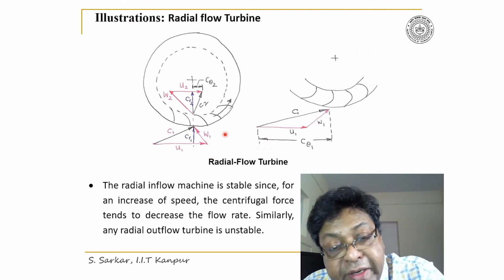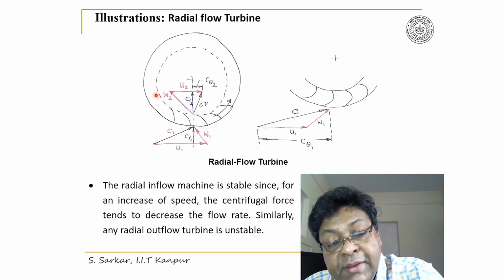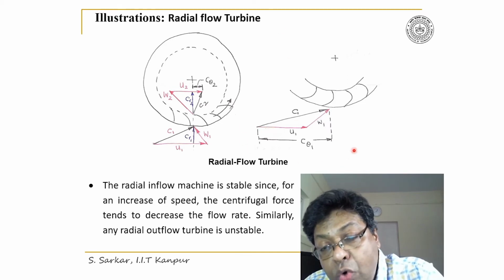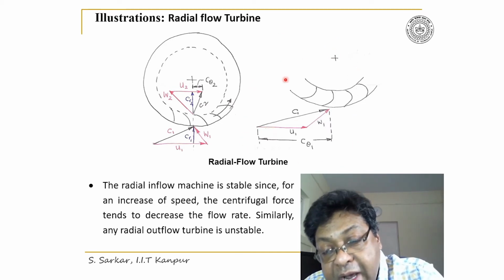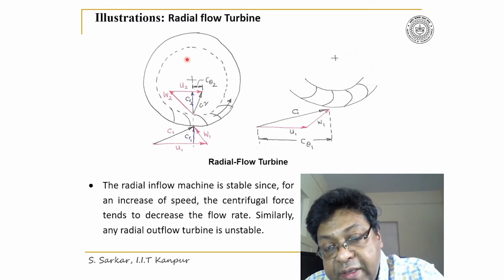So considering the direction of rotation, this is a backward curve impeller, and this is a forward curve impeller, the direction of rotation being the same as this.